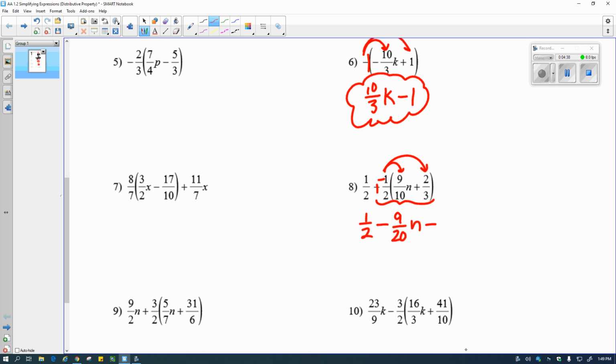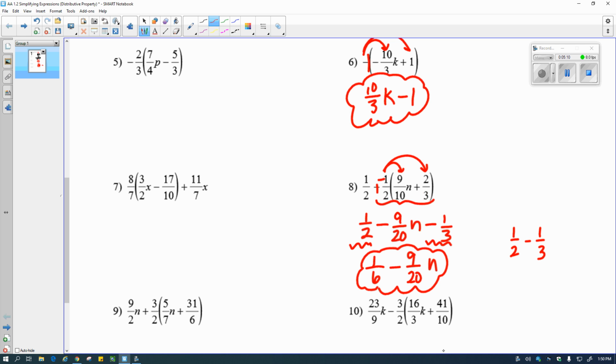I just write it as a minus. And when I do 1/2 times 2/3, I will end up with 1/3. Now the 1/2 minus the 1/3 can be combined. Just plug in 1/2 minus 1/3 into your calculator, and you should get 1/6 minus 9/20 n. I can't go any further than that because the 1/6 doesn't have an n, the 9/20ths does.